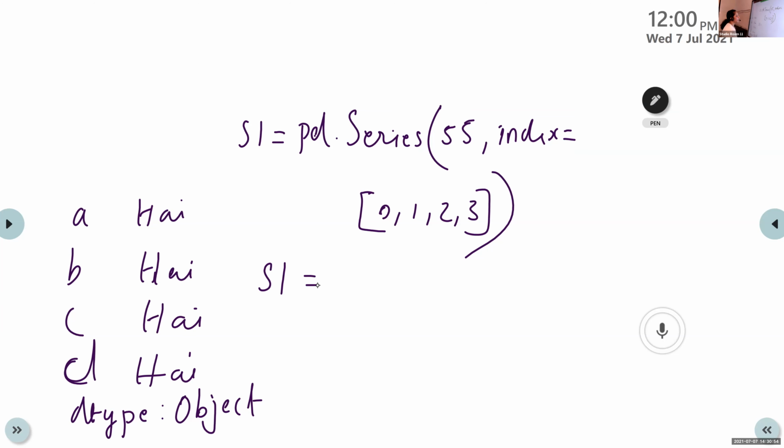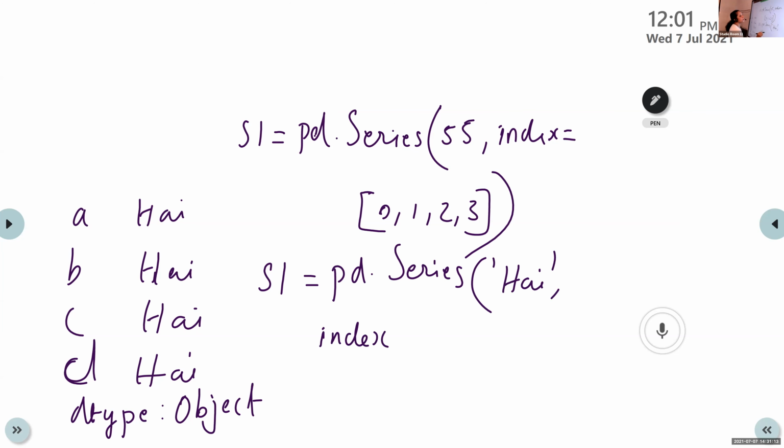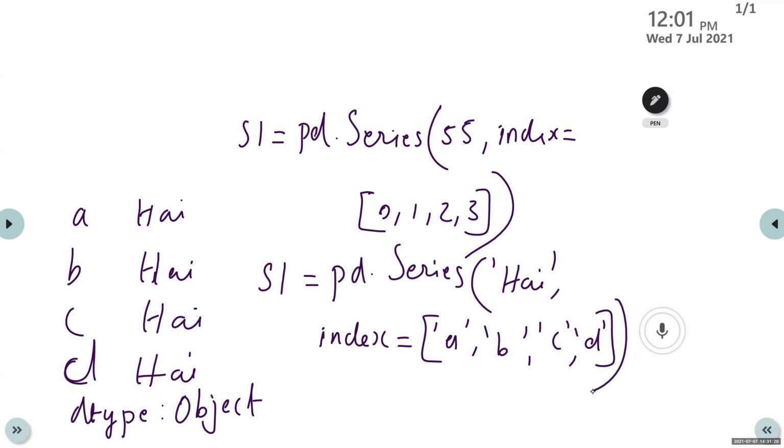Meenakshi, how will you write this statement? s1 is equal to pd.Series, within brackets in quotes write hi, comma, index equal to, within square brackets A, B, C, D, each in quotes. Close the square bracket and also the round bracket. This is the statement for displaying this output.